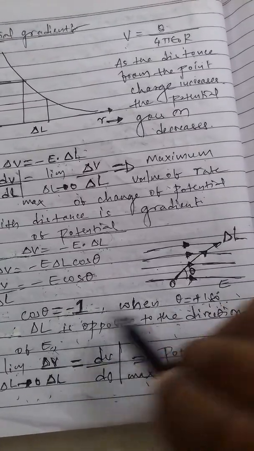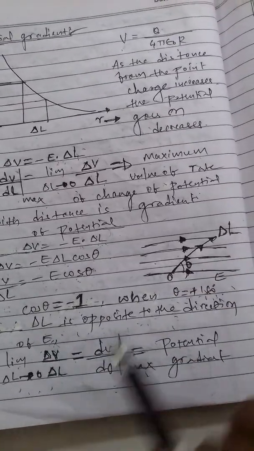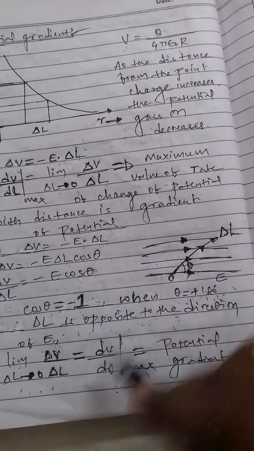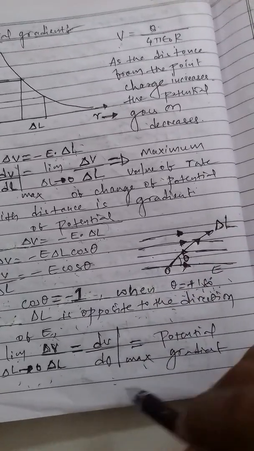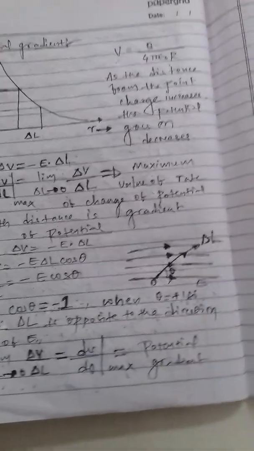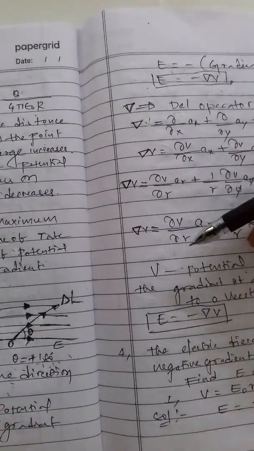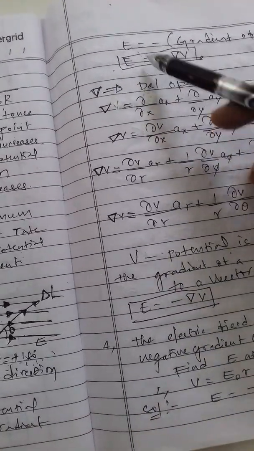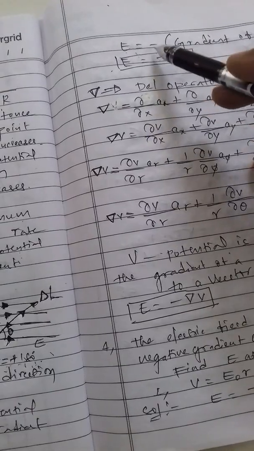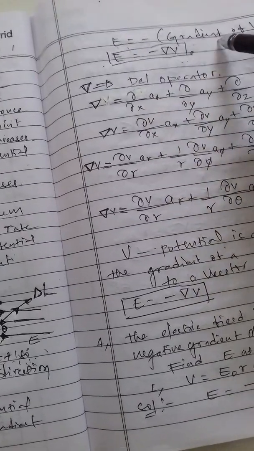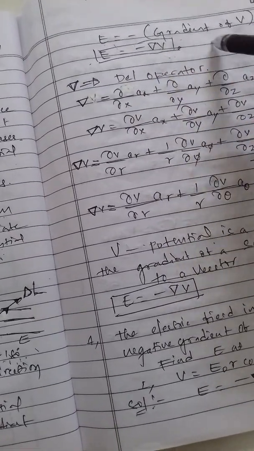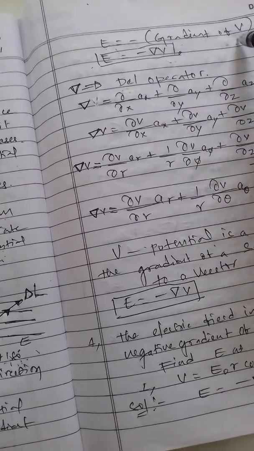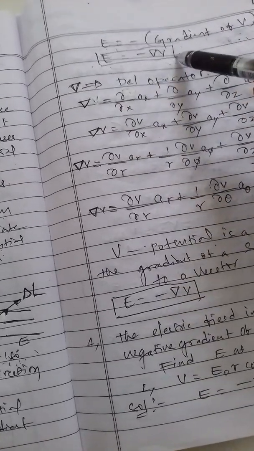Now if this delta L tends to 0, that is equal to the potential gradient, and as delta L tends to 0 there will not be any theta, so that the electric field E is equal to minus gradient of V, E is equal to minus del V.